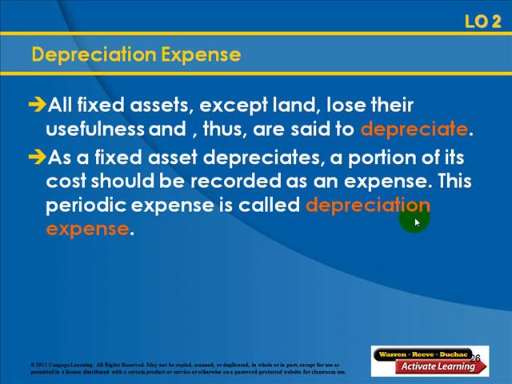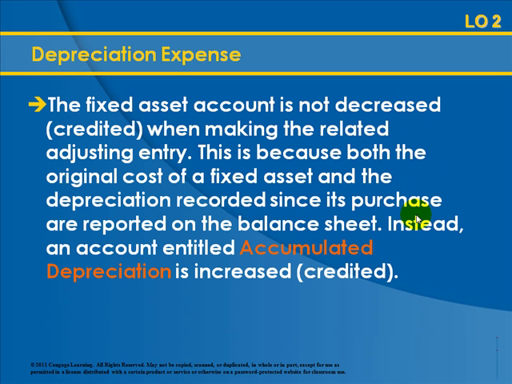I also commonly refer to this as a systematic way of writing off the cost of a fixed asset over a period of time. The fixed asset account is not decreased when making the related adjusting entry. This is because both the original cost of a fixed asset and the depreciation recorded since its purchase are reported on the balance sheet.